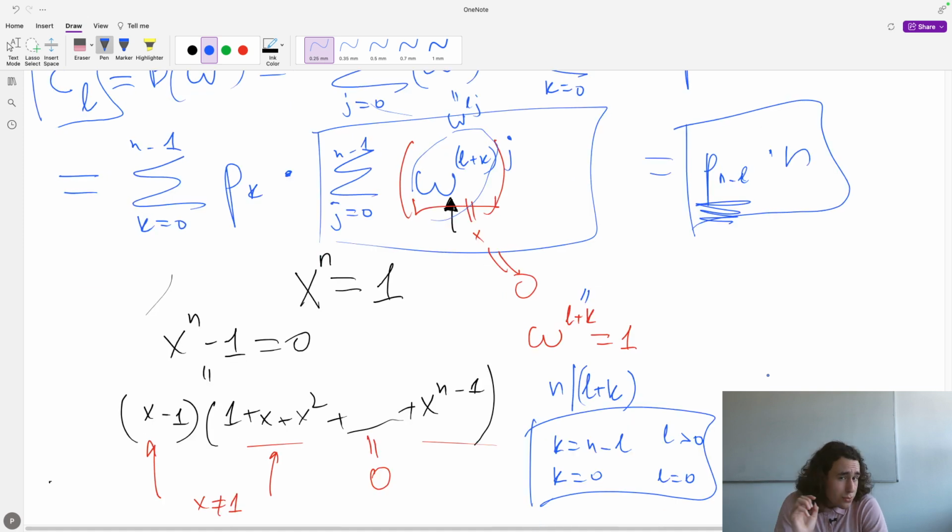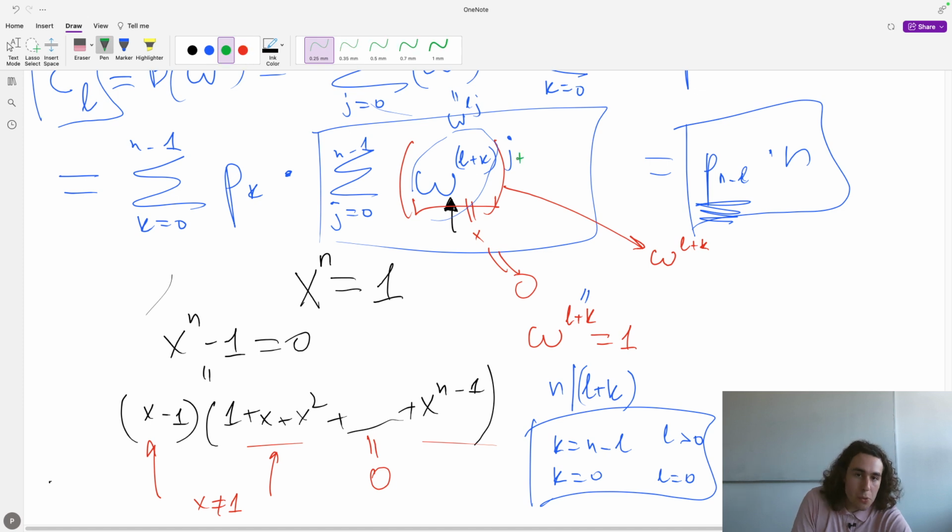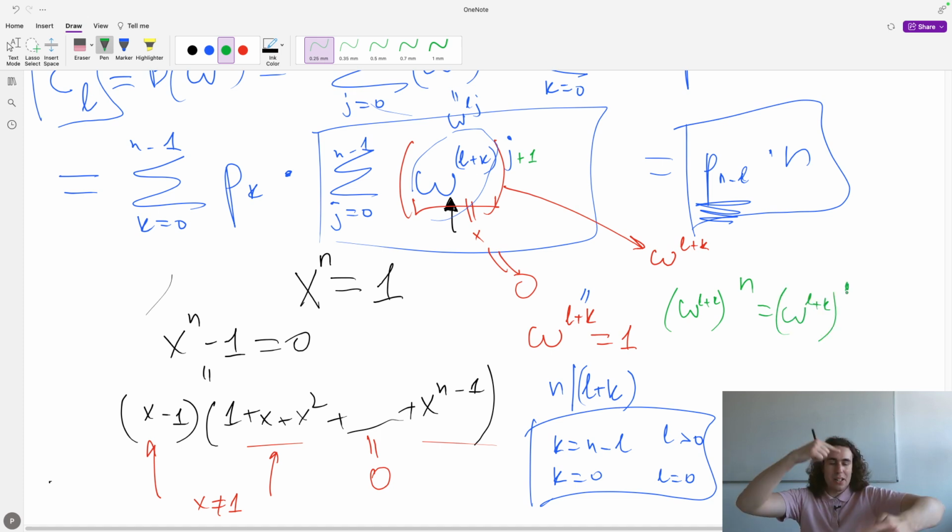There is a different proof of this. So you can also think, what if I multiply all the values in this sum by omega to the power of L plus k, right? Then it would mean that all my powers are added to 1. But we know that if I take any of these roots to the power of n, it's the same as to the power of 0, because they wrap around.